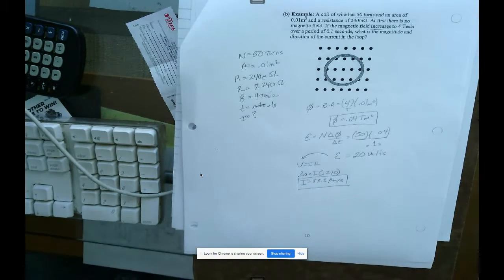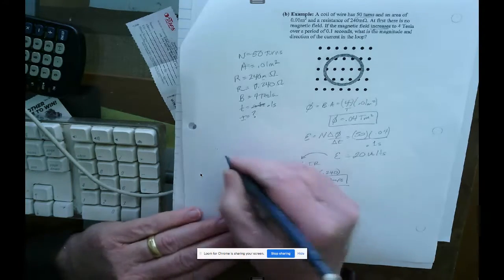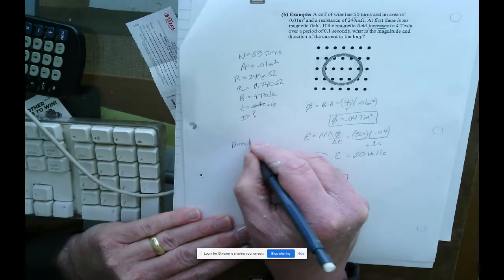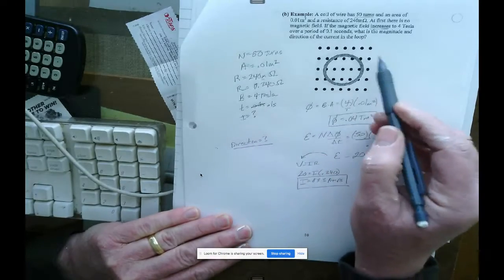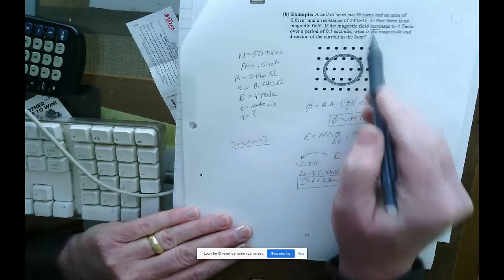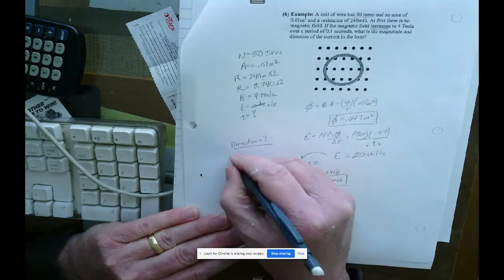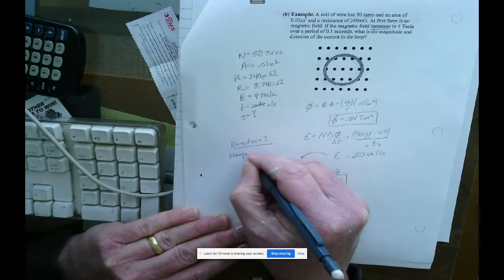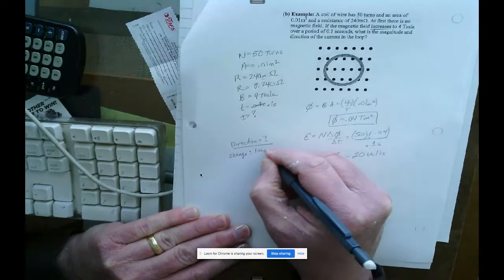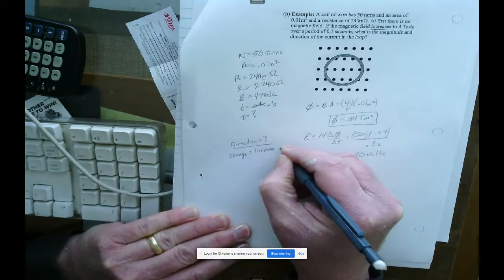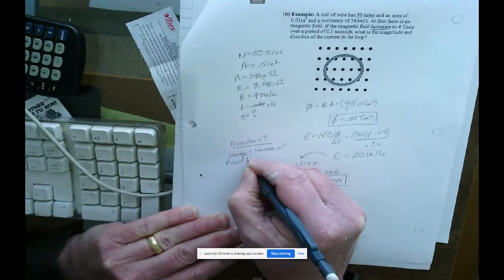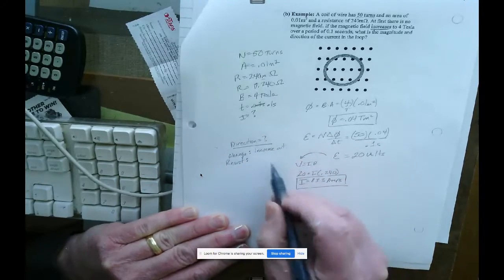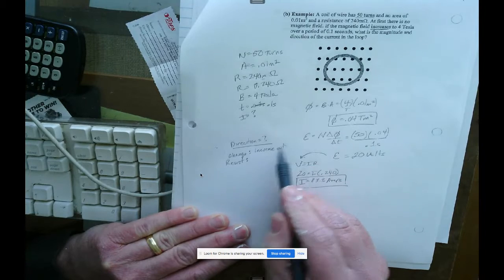Now that's the amount. We still need to find the direction based on what we did last time. So we'll put over here direction. So here we said it's increasing, and dots mean it's out. So the change in magnetic field, or in magnetic flux, is to increase out. Then we have to resist that. And we resist it by either decreasing out or increasing in.